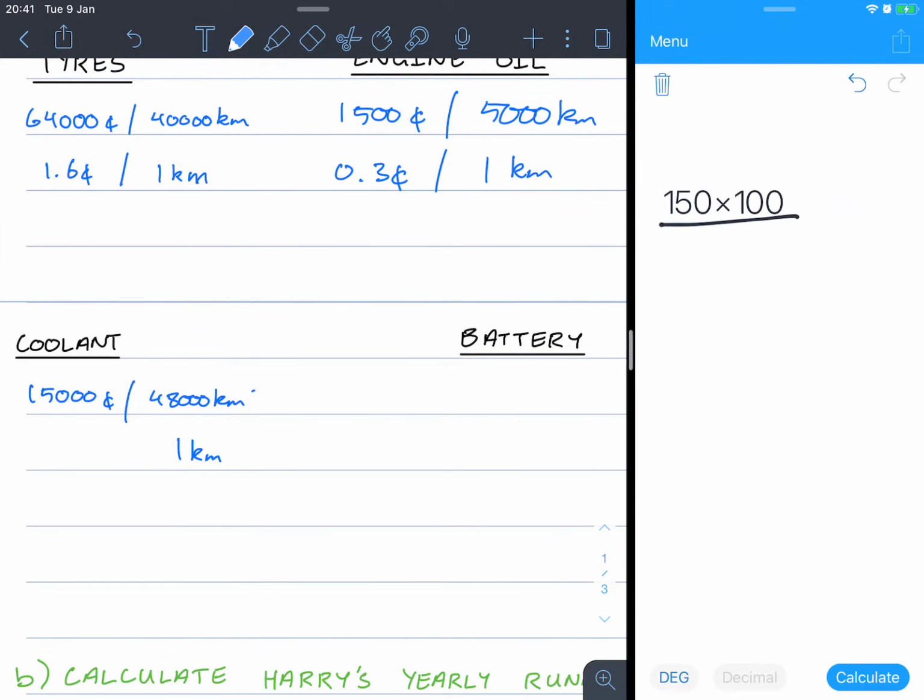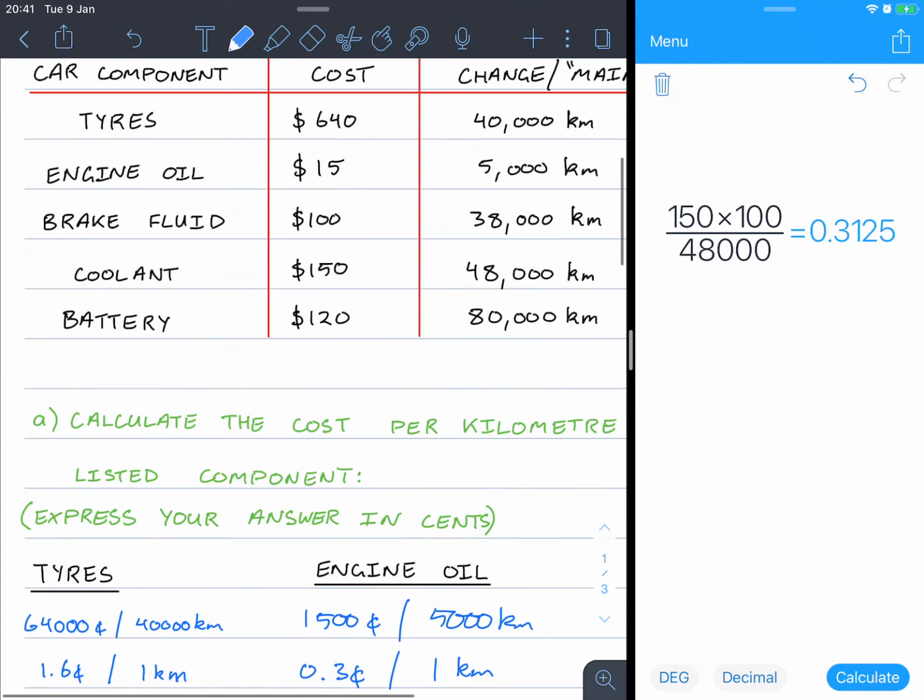So dividing again, because remember we're dividing by 48,000. I'm going to do the same to the left hand side, so we're dividing by 48,000. This is going to be 0.31 cents per kilometer.